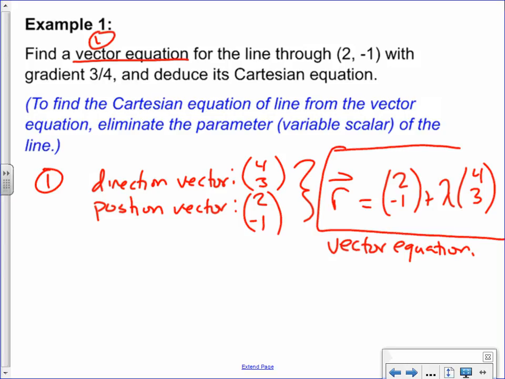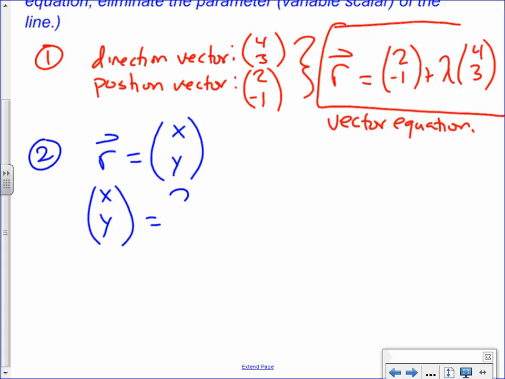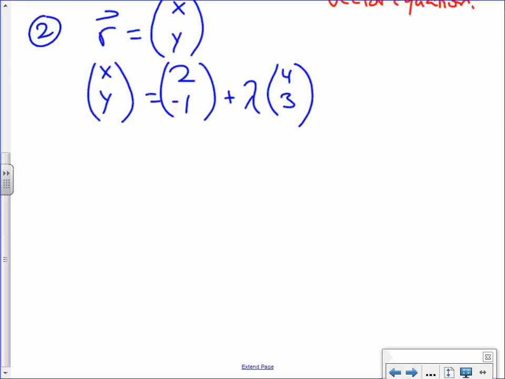Now, to do it the long hard way, because it's IB, to find the Cartesian part from the vector equation. If you let R represent xy, you would have xy is equal to 2, -1 plus lambda 4, 3. And that would break it up into two equations.